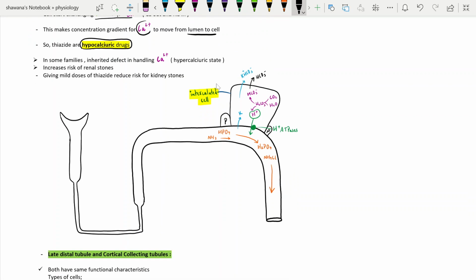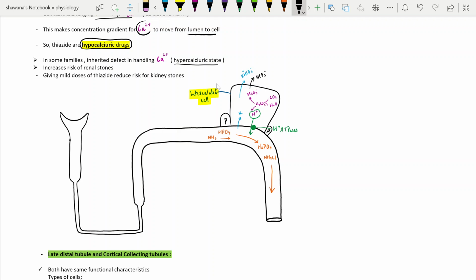In some families there are defects known as calcium handling defects. It means that persons in those families are always in a hypercalciuric state. They are always losing a high amount of calcium into the urine. Is it a good condition?